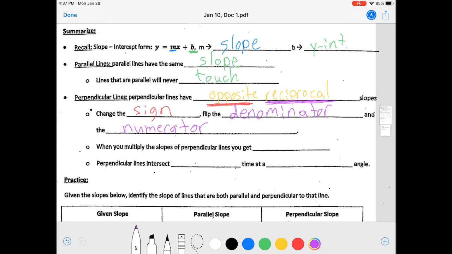So when you multiply the slopes of perpendicular lines, you will always get -1.